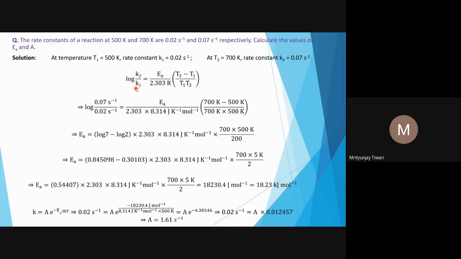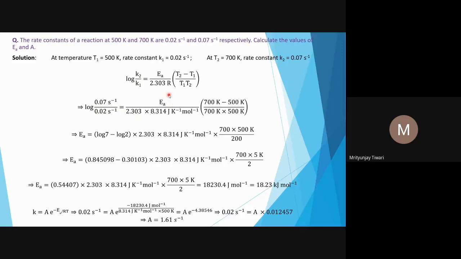Log can only be taken of numbers, and because the units are cancelled out, we actually get only numbers there. Even in log K2 minus log K1, if you write those values without units, it will have the same effect.